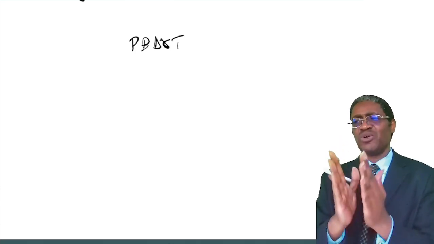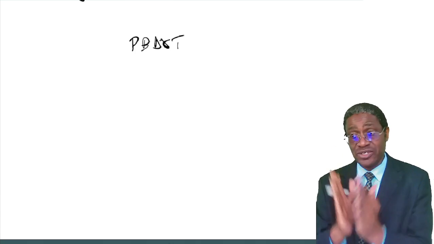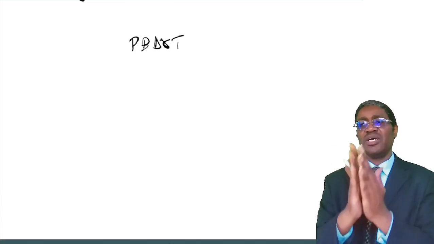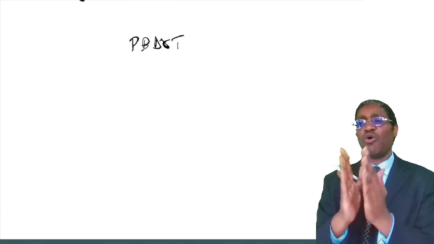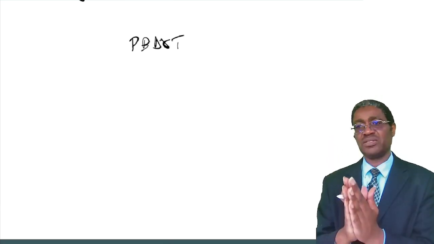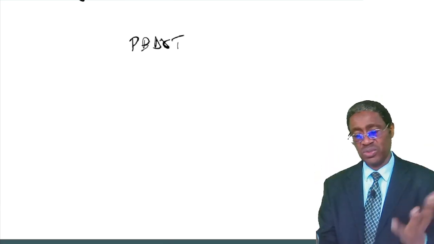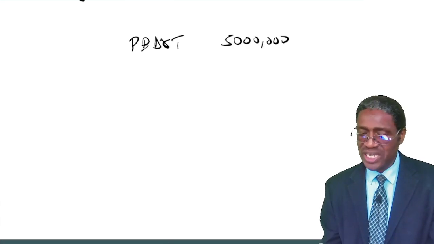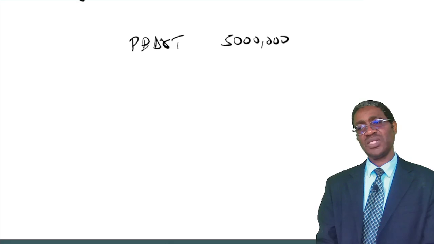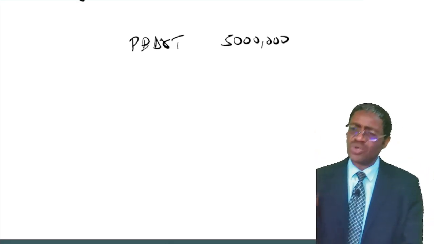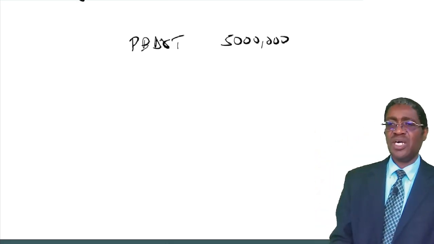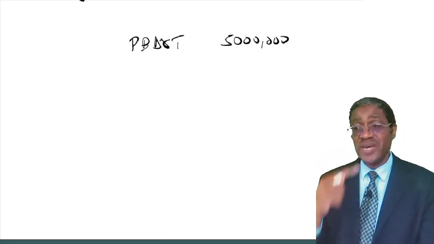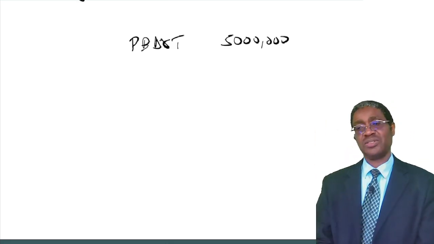He tells you this company will make a profit of 5 million every year. That is the profit before depreciation and tax. But we don't evaluate projects on the basis of their profit. We evaluate projects on the basis of their cash flows.